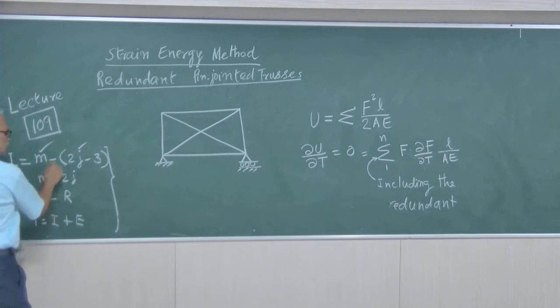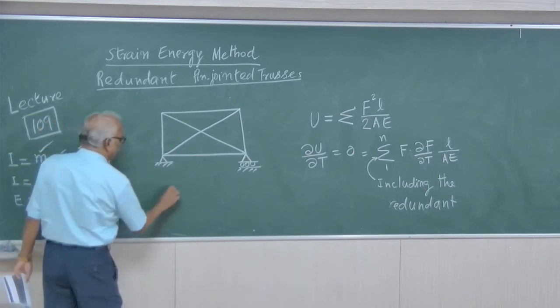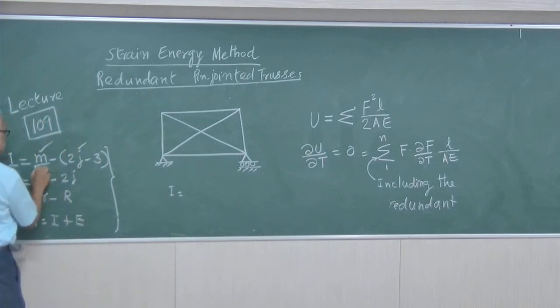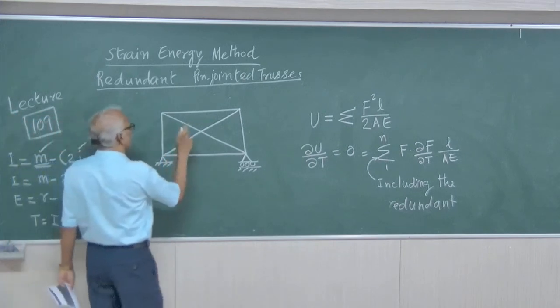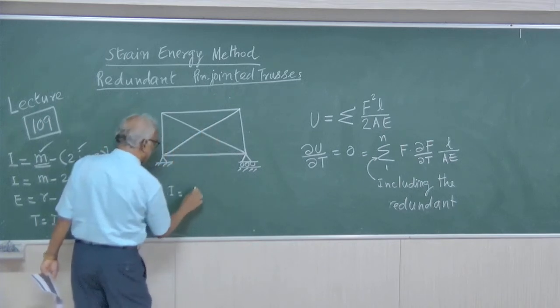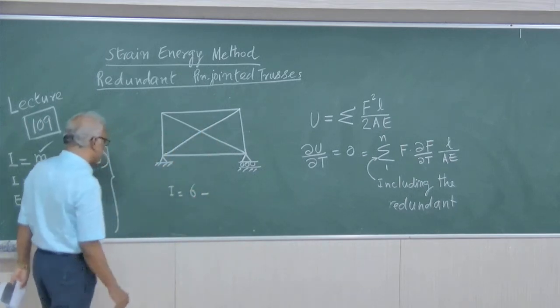Now, for this truss, you have to find out the redundancy. m is the number of members. So members are 1, 2, 3, 4, 5, 6. There are 6 members.